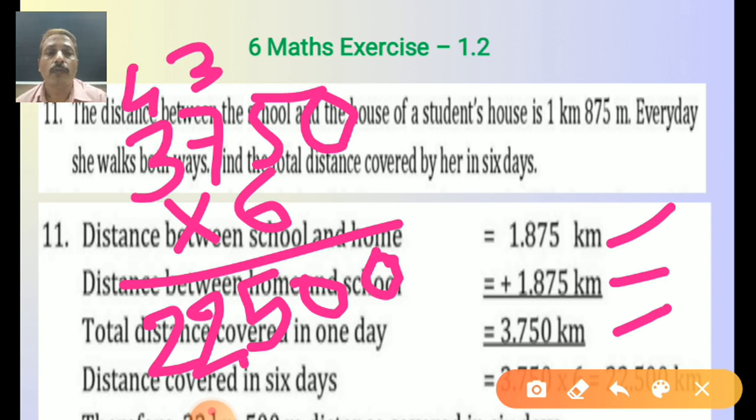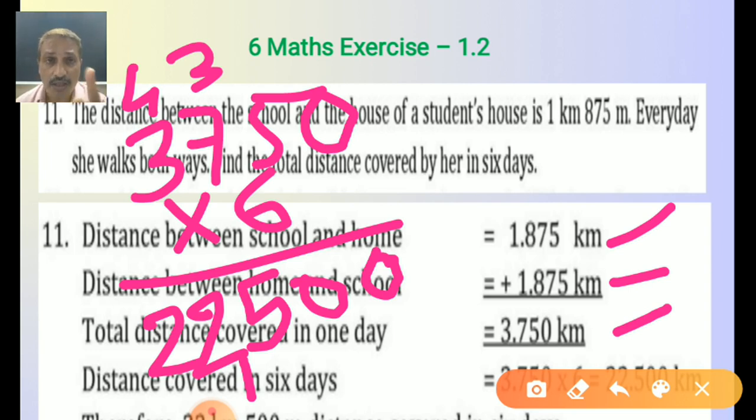In 6 days, the student covered 22 kilometers and 500 meters. In a month, multiply by 4: 22 kilometer 500 multiplied by 4, minimum 4 weeks we can take, sometimes 5, no problem. Let's check whether our answer is right or wrong. Your answer is right.